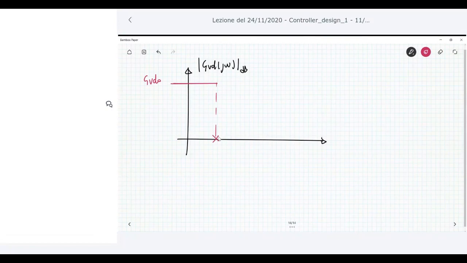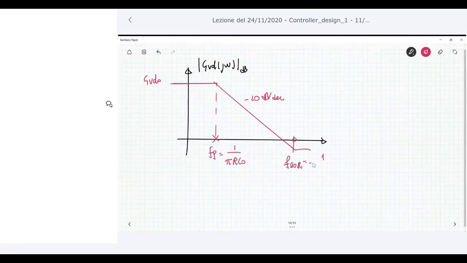Then you have here just 1 pole, which is 2 over R C naught. Minus 20 dB per decade, and you have the 0, which is always the same as before. 1 over C naught ESR.